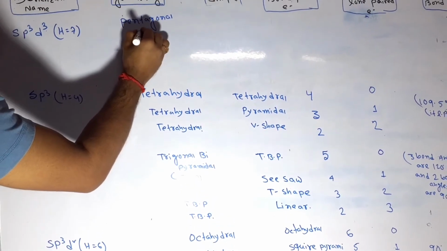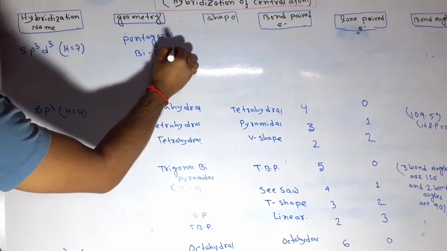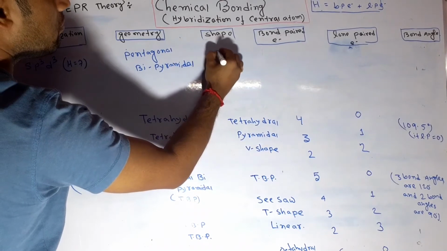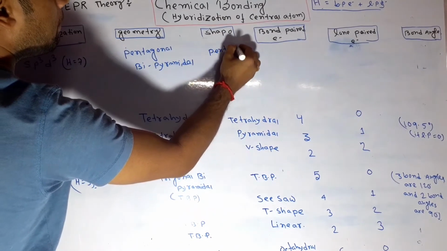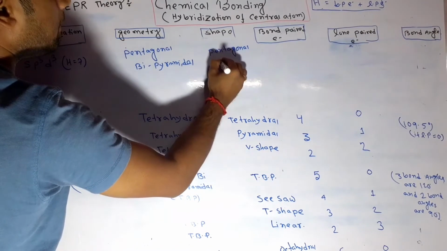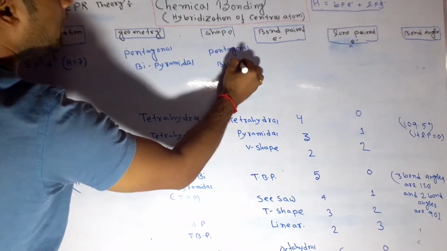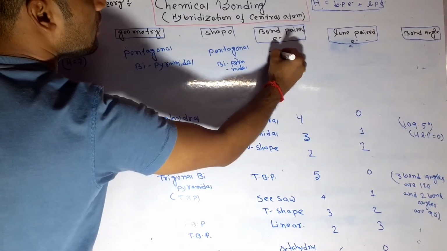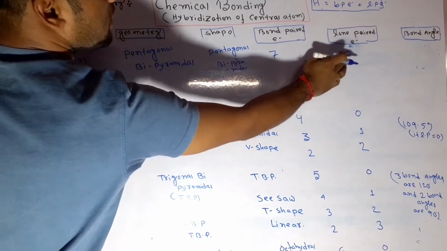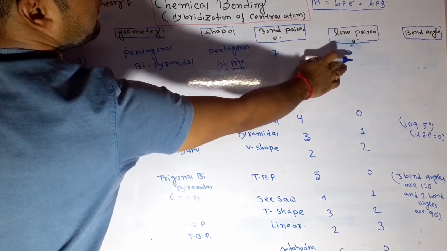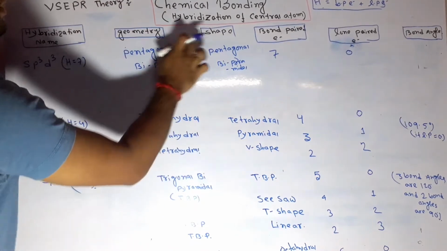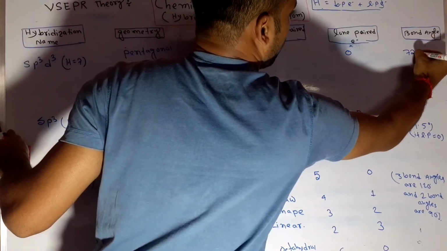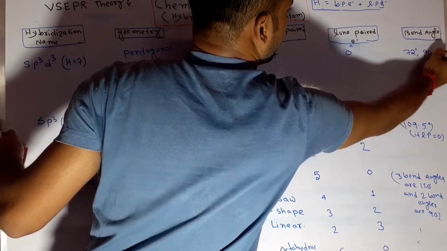The shape is also the same, pentagonal bipyramidal. How many bond pair electrons can be present? 7, lone pair 0. As we mentioned earlier, if lone pair is 0, shape and geometry are the same. The bond angles are 72 degrees and the others are 90 degrees.